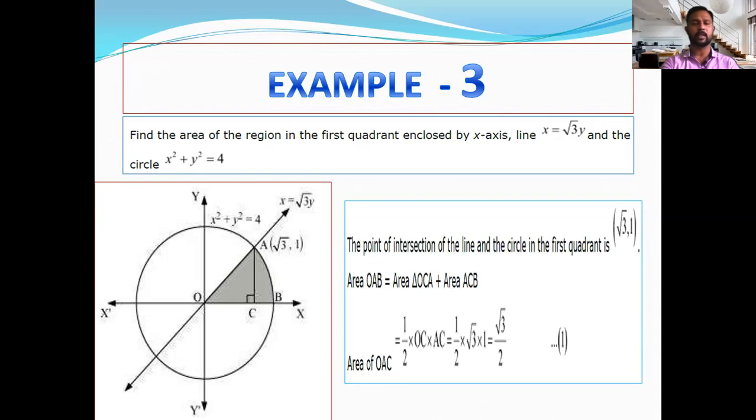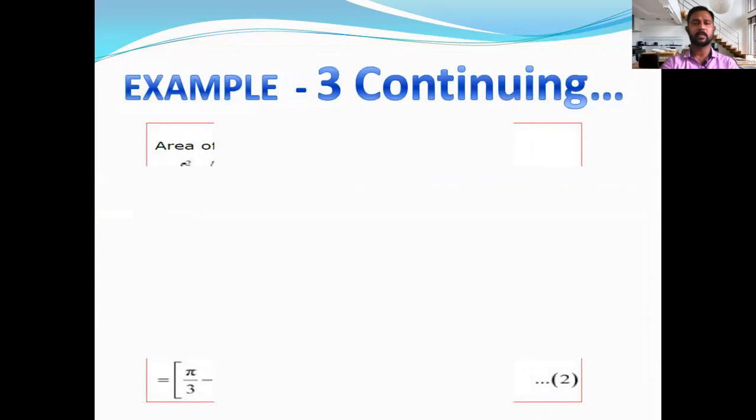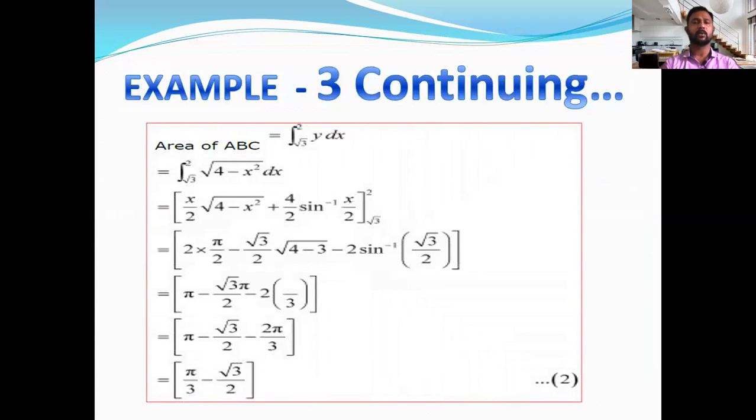And let us go for the next area, the area of the region ABC. It is the area under the circle up to the x-axis from root 3 to 2. That is integral root 3 to 2 of y dx. Y is root of 4 minus x square dx.